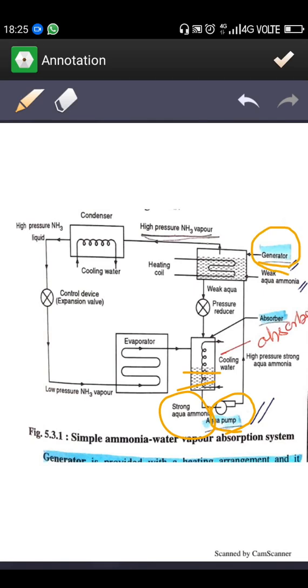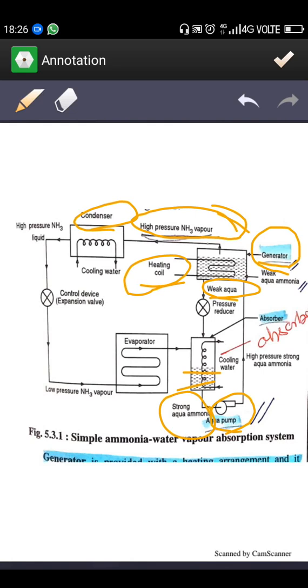In that generator, with the help of heating coil, from this strong aqua ammonia solution we are producing high pressure NH3 vapor. This high pressure NH3 vapor moves toward the condenser, and after removal of this ammonia from the strong aqua ammonia solution, this aqua ammonia solution becomes weak, and this weak aqua ammonia solution we are again passing to the absorber.